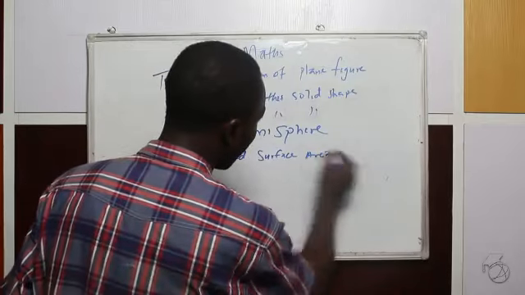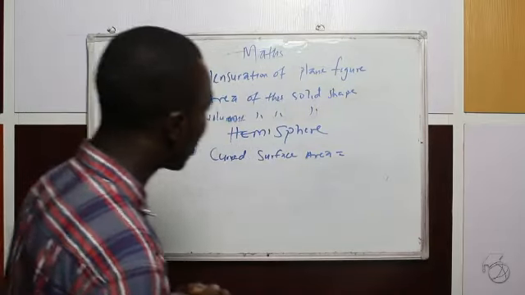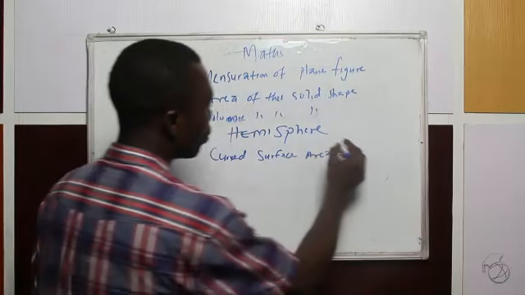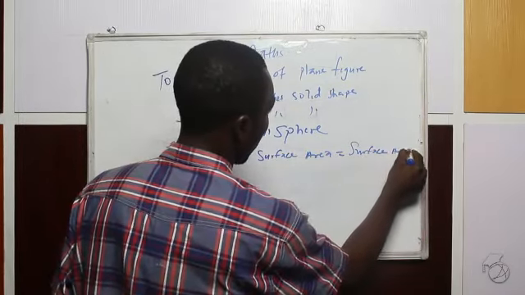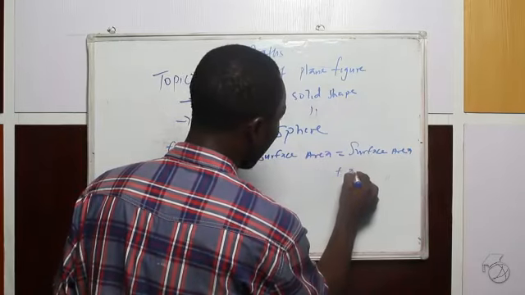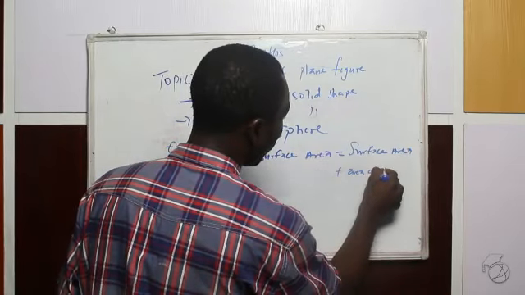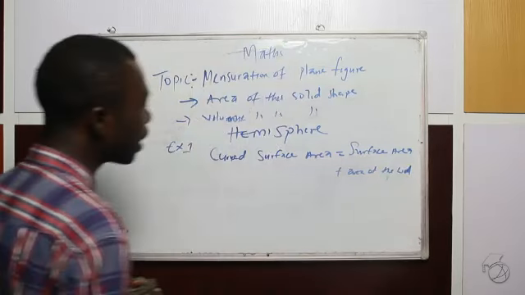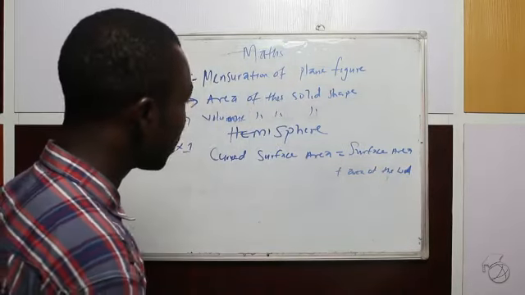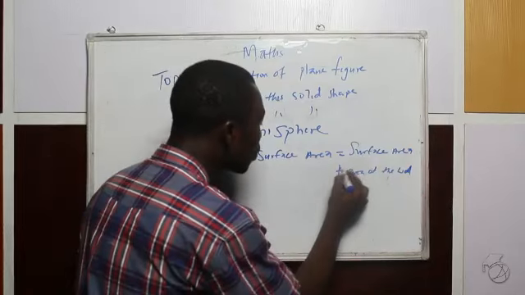The curved surface area is equal to surface area plus area of the lid. Now, what do I mean by the surface area?